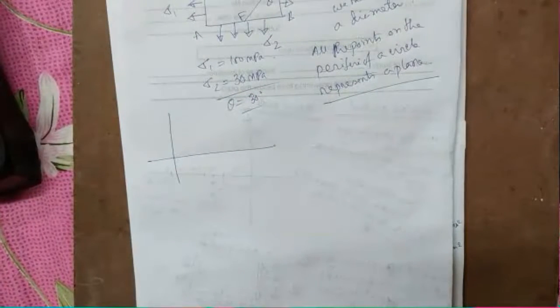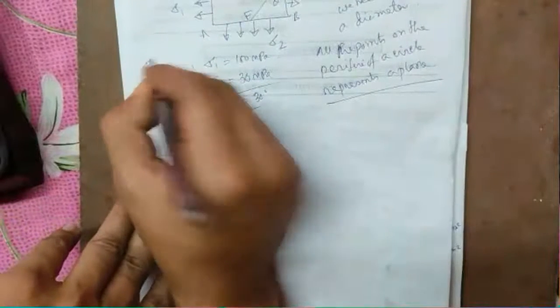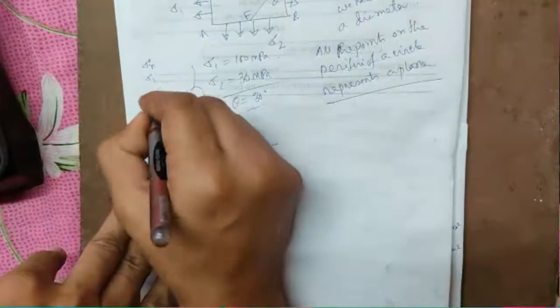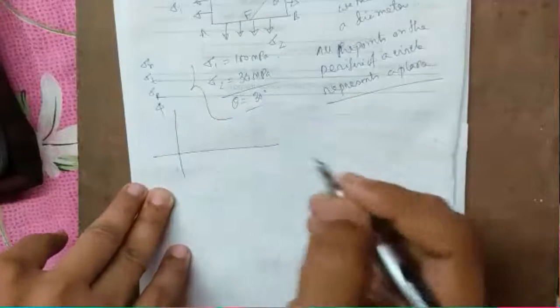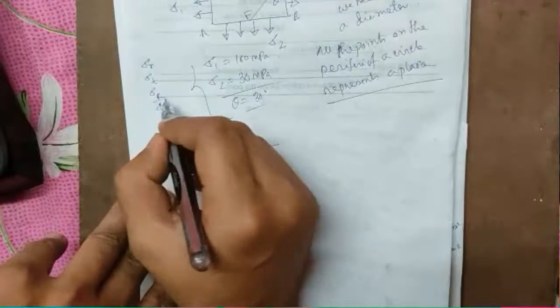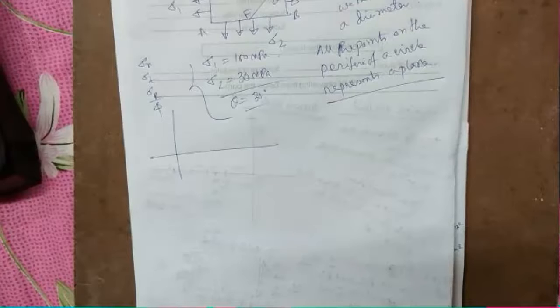This is given. We have to find from the Mohr circle the value of normal stress, the value of shear stress, the value of resultant stress, and the angle phi, the angle which this resultant stress is making with the direction of tangential stress.